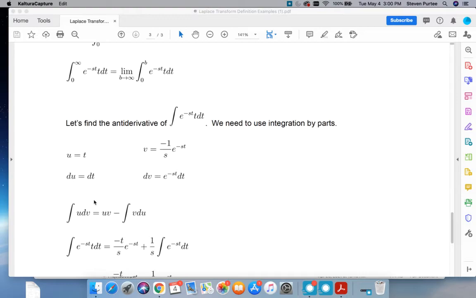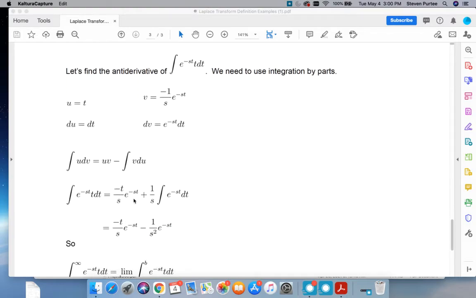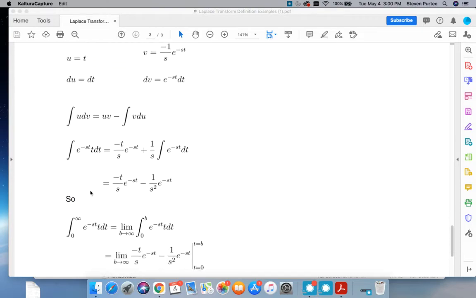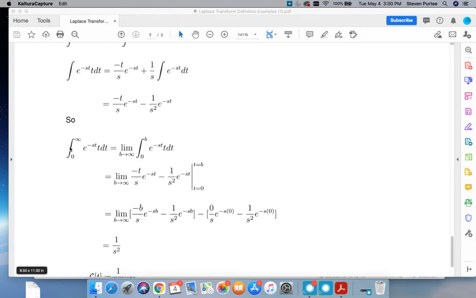And then here's our formula for integration by parts. So here is the antiderivative of that function, the indefinite integral. Now we can plug in our limits, 0 to b. So just evaluating this whole thing from 0 to b. Then I'll take the limit as b goes to infinity.